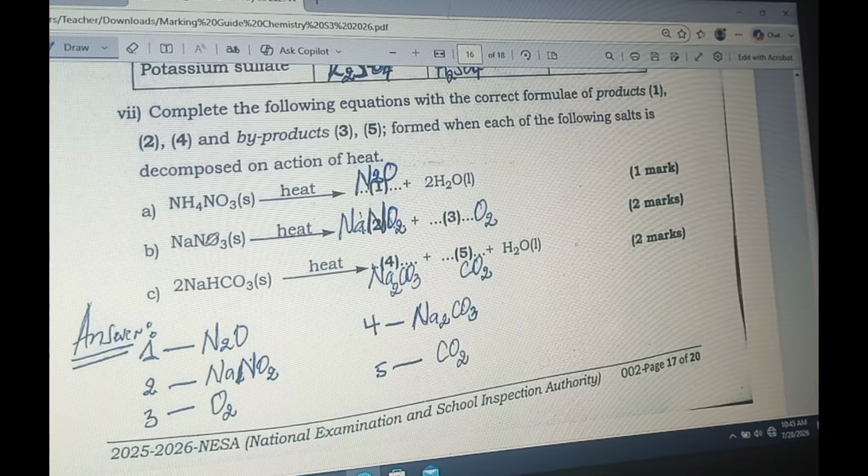B. Sodium nitrate. In the presence of heat, we get sodium nitrite and oxygen. C. Sodium hydrogen carbonate. In the presence of heat, we get sodium carbonate, carbon dioxide and water.